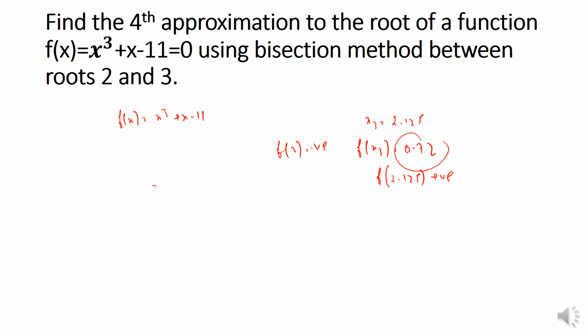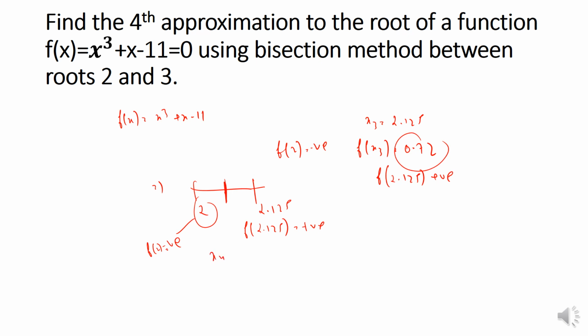This means that this is 2, this is 2.125. So this is a negative value, f of 2 is negative, and f of 2.125 is a positive value. Therefore our solution will lie in between.